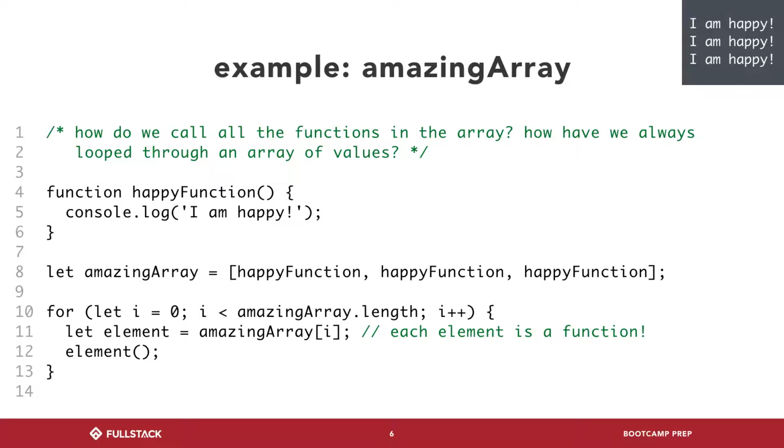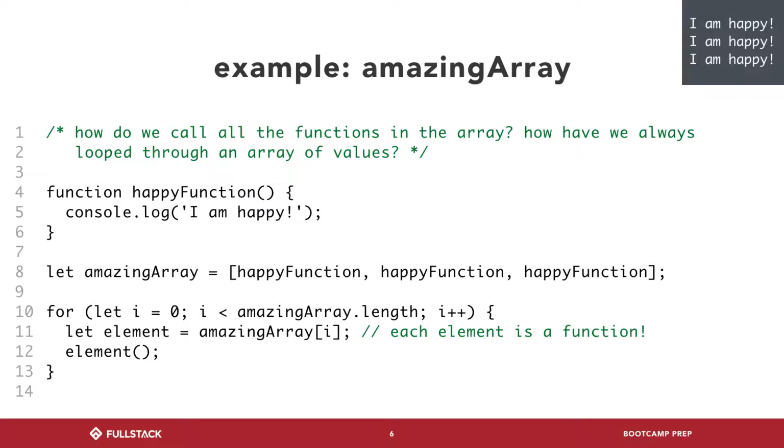And so when we loop through this array, on the first iteration, we go to the first happy function instance. We capture it in this variable called element and we invoke it. So we print out I am happy. We go to the next iteration of the for loop. We go to the function, we set it as element, and we invoke element again. The second I am happy, and so on and so forth until we get to the very end.